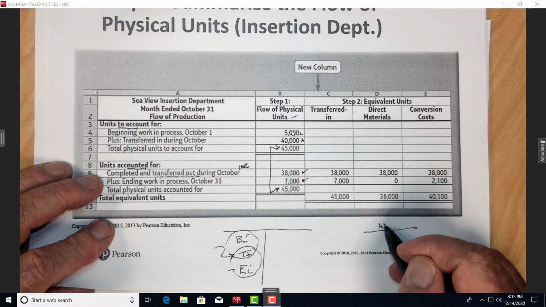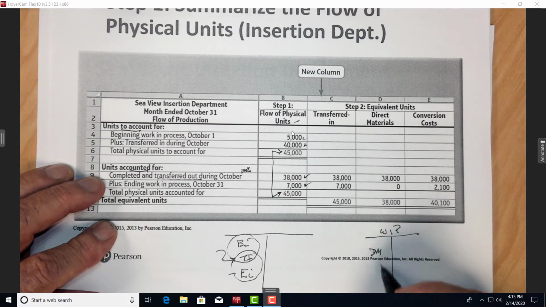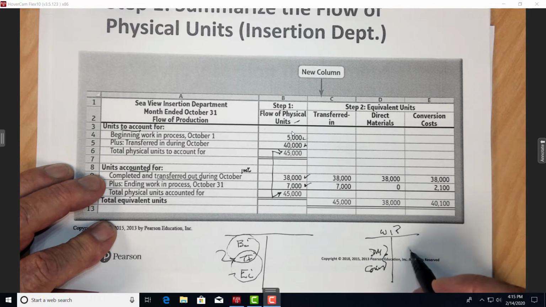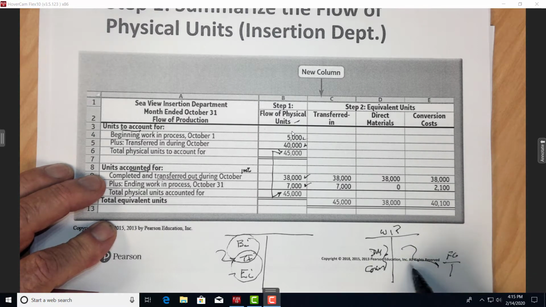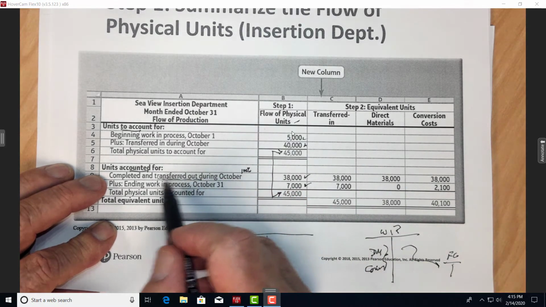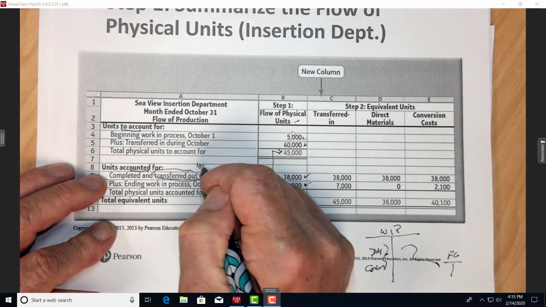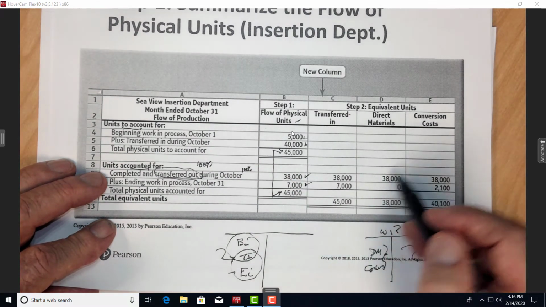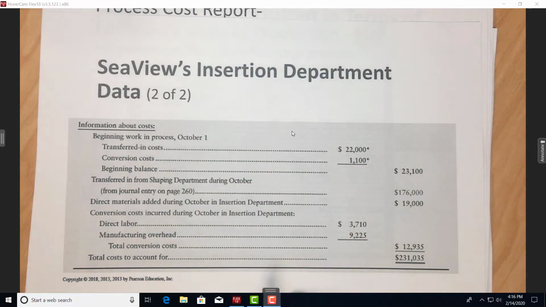Again, you have work in process, you have direct materials and the conversion, so they're completed and transferred out to finished goods. The key here is that when it says transferred out, it means it's 100% completed in terms of direct materials and conversion costs.